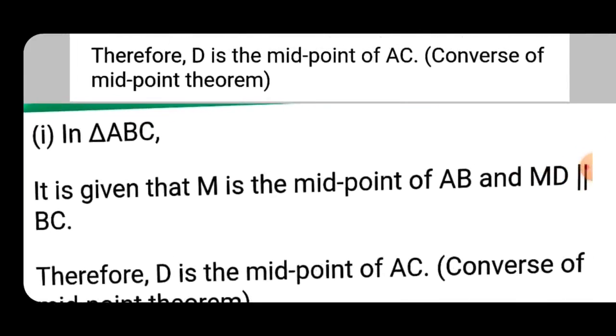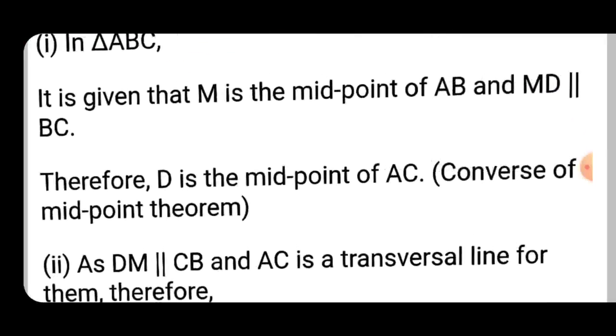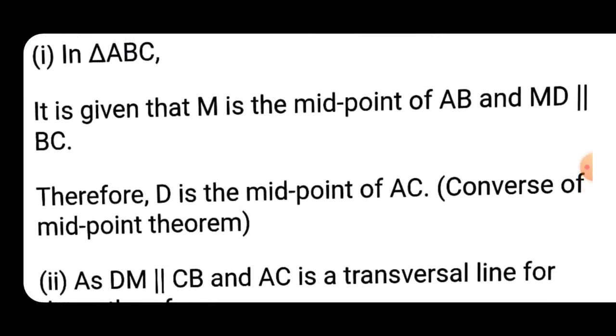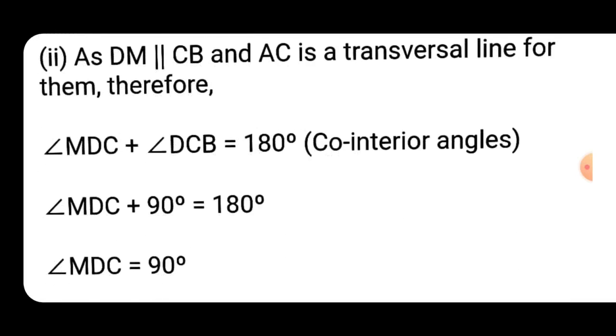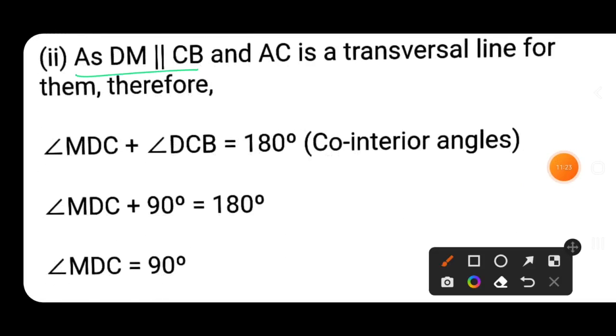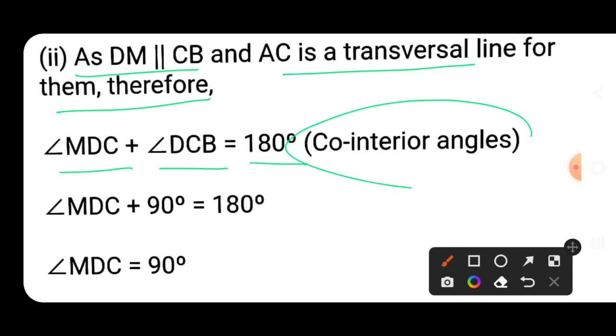Second point. As DM is parallel to CB and AC is the transversal for them, therefore angle MDC plus angle DCB is equal to 180 degrees, that is, co-interior angles.